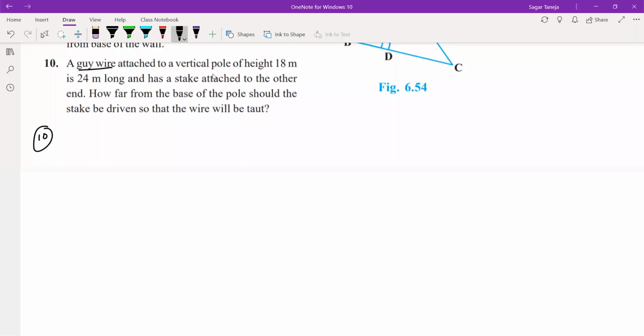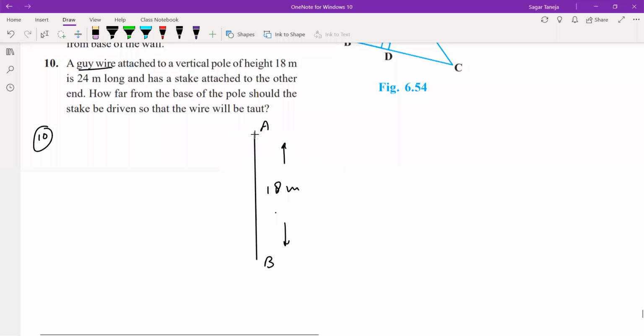Okay, then it is attached to a vertical pole of height 18 meter. There is a vertical pole of height 18 meter. Let this pole be AB, and a guy wire is attached to this, which is 24-meter long.